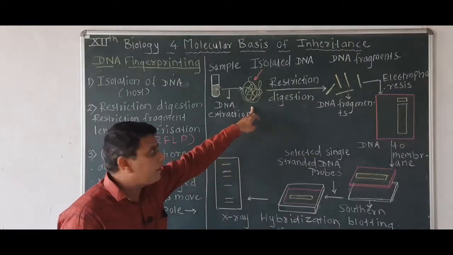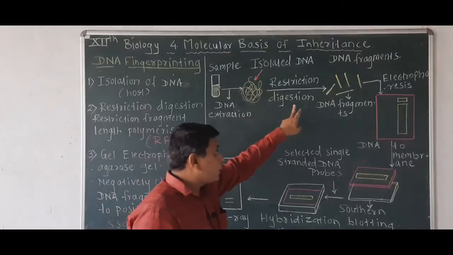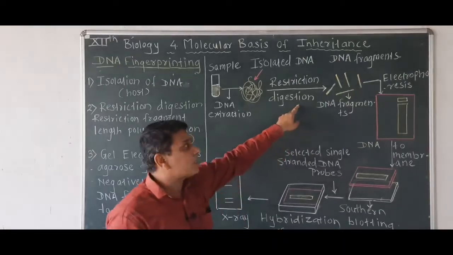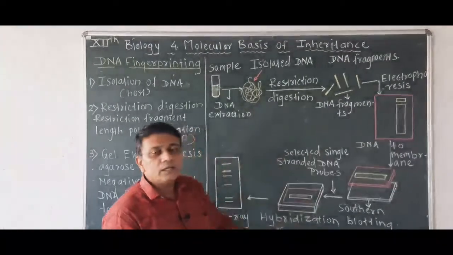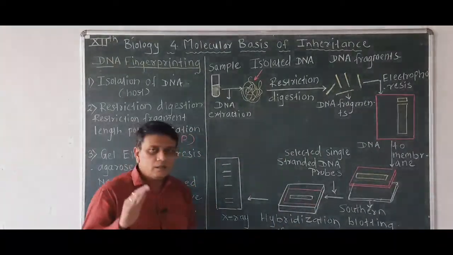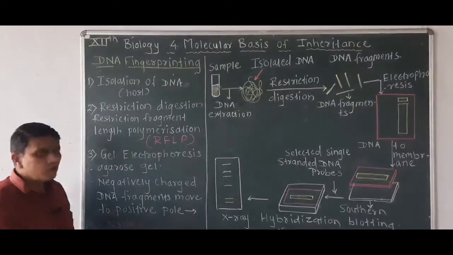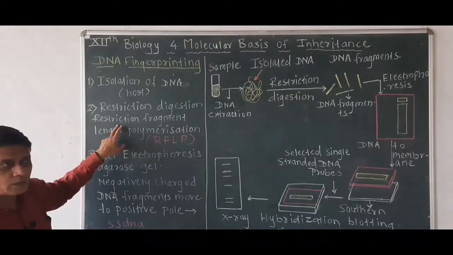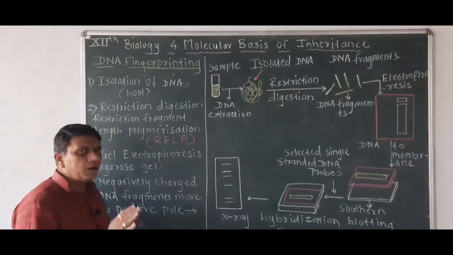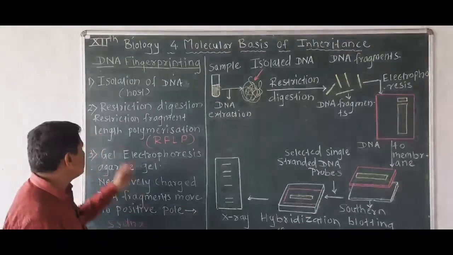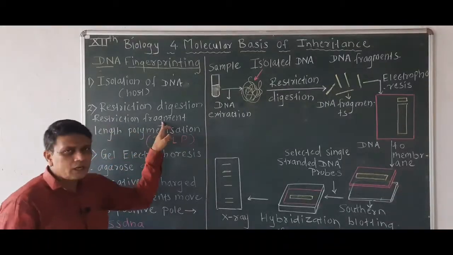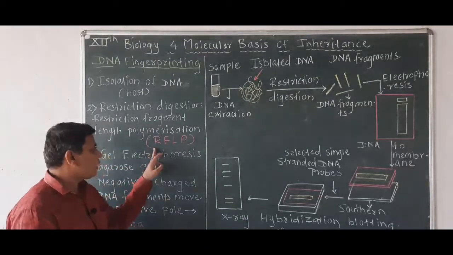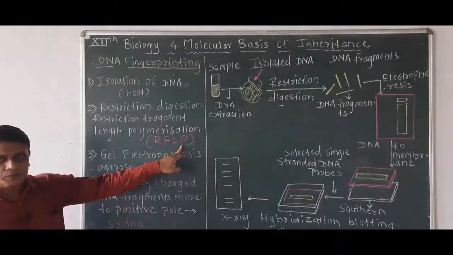The isolated DNA is cut into small fragments, and this process of converting DNA into small fragments is called restriction fragment length polymorphism, in short RFLP.